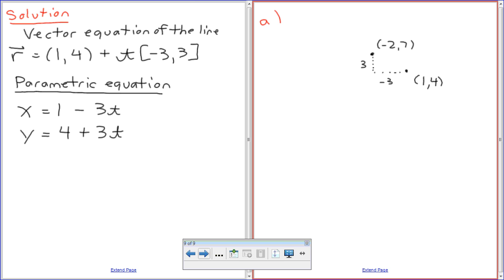So your x is going to be minus 3 each time, or plus 3 you can do as well. And then your y is going to be plus 3. So the easiest one is just to go negative 3 this way again, and then up 3, which should take you to negative 5 and 10. Okay, so everyone see that? We're just going to go over 3 and up 3.